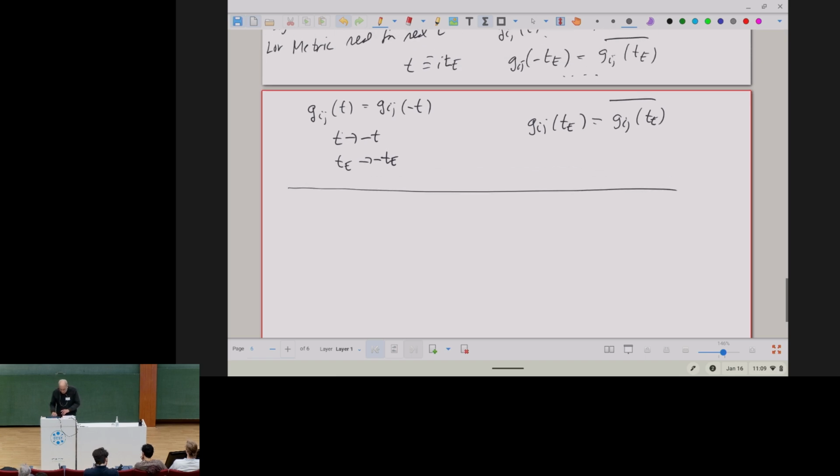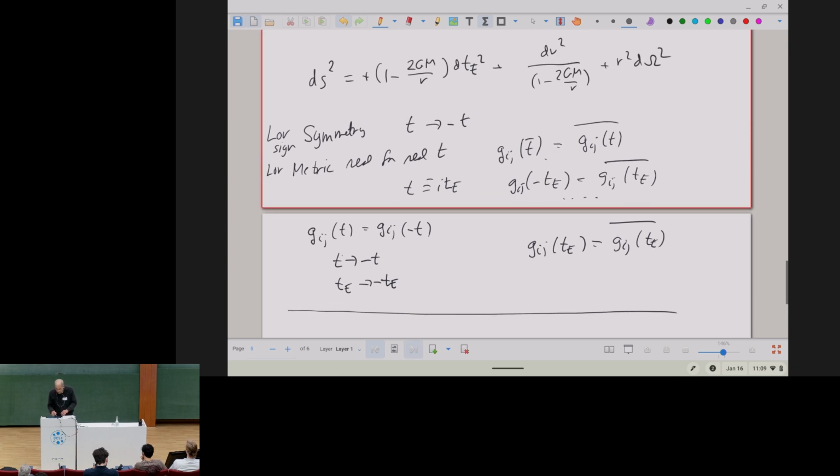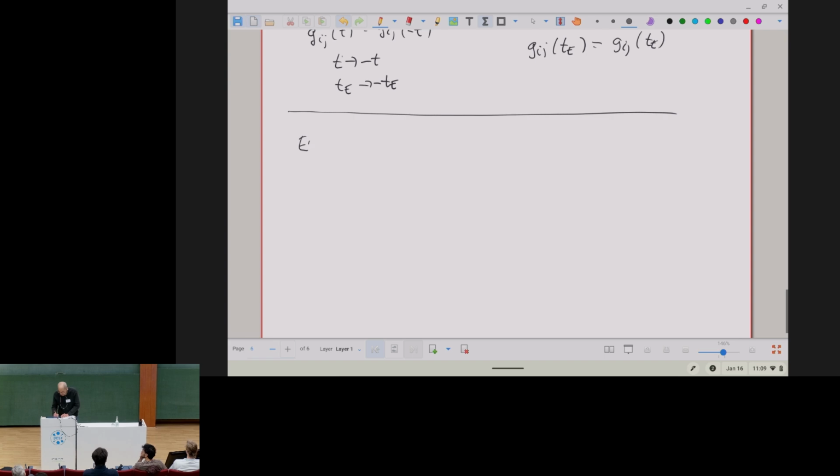Now, okay, so first of all, that metric is, I'll call it the Euclidean Schwarzschild metric, or just ES for short. So the ES metric is first of all real and positive. In other words, Euclidean signature.